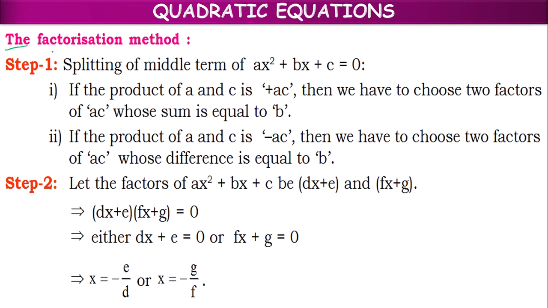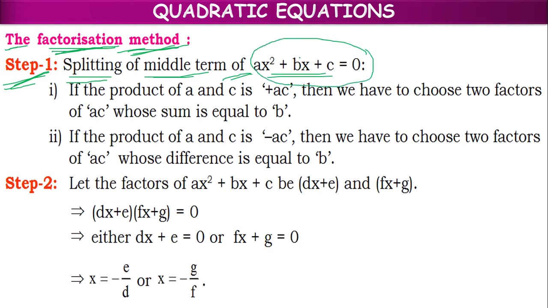First method children, the factorization method. In factorization method, in step 1, splitting of middle term of ax square plus bx plus c equal to 0 is the first step.